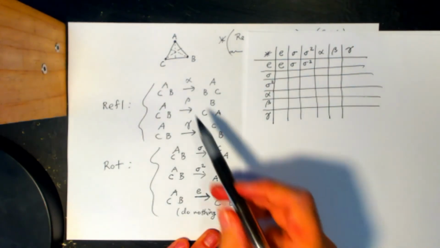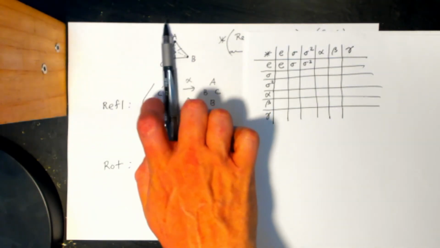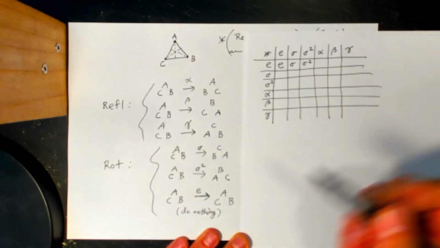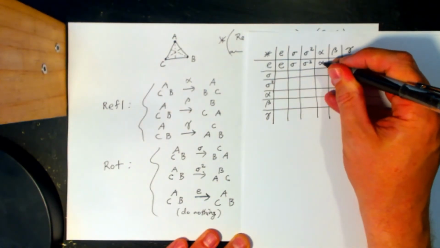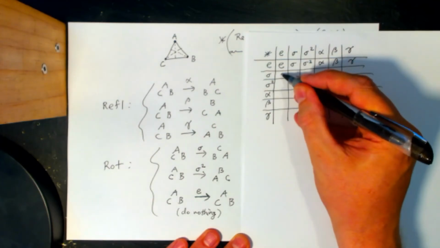Now if I do nothing and then do the reflection about this vertical axis here, it would be the same as if I had just done alpha. So I have alpha, and likewise beta there and gamma there.